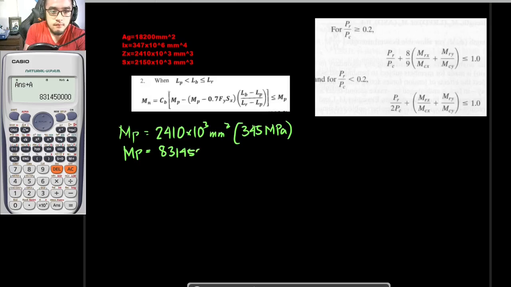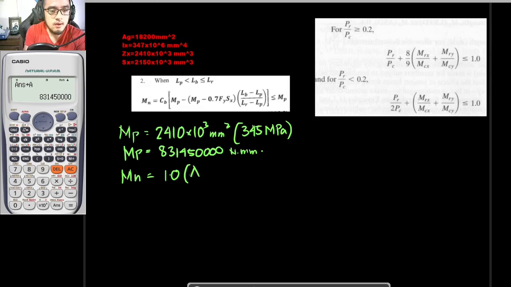So, ayan, 83145,000 Newton millimeter. So, for us to solve for the value of Mn, so that is to be Cb, and Cb is equal to 1.0 times Mp. So, i-store ko na siya sa A, no?